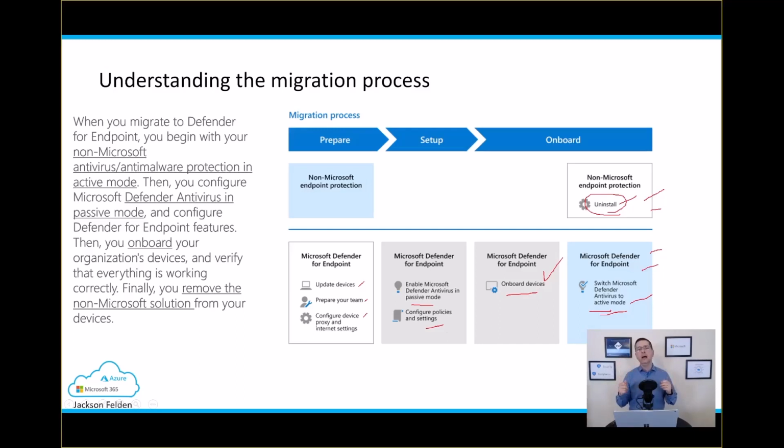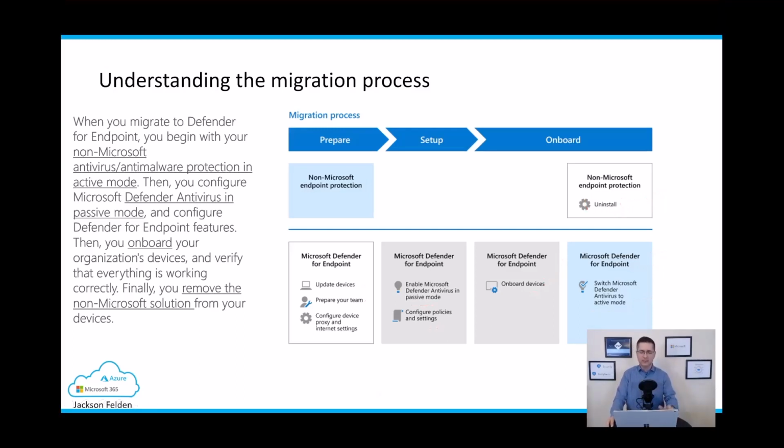For a while I will have both my third-party AV and Defender for Endpoint active, then I will uninstall my third-party AV, and finally Defender will be the master AV on this machine. But don't worry too much, I have a better slide coming up in a few seconds. Okay, that's the process.